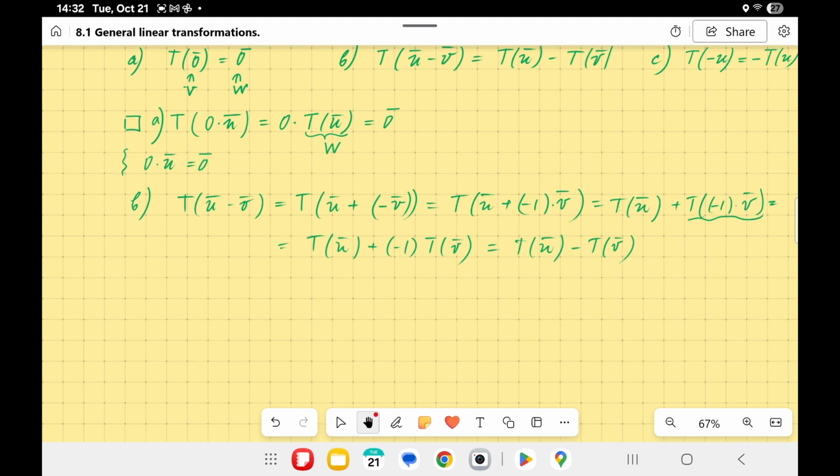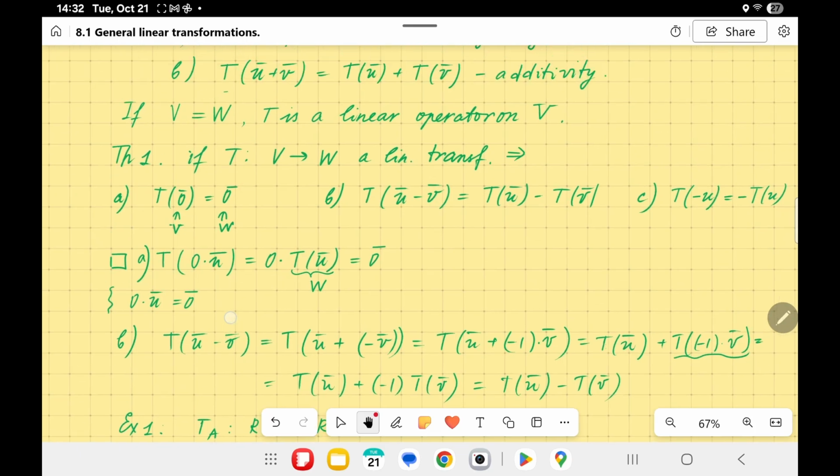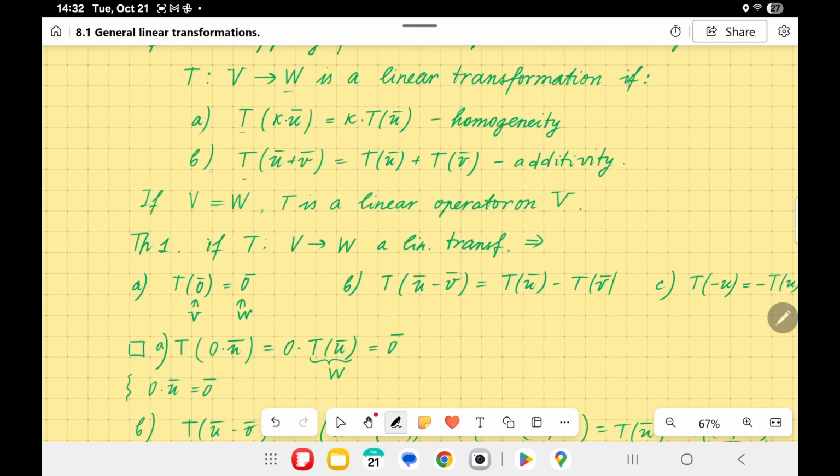Let's now talk about matrix transformations, which we had in sections 1.8 to 1.9. That's going to be my first example. Example 1. Transformations which are using matrices. Are they actually going to be linear transformations? If you recall, for matrices we had the properties which we have over here, homogeneity and additivity. As theorems, we actually proved them using the fact of how the transformation is constructed by using matrices.